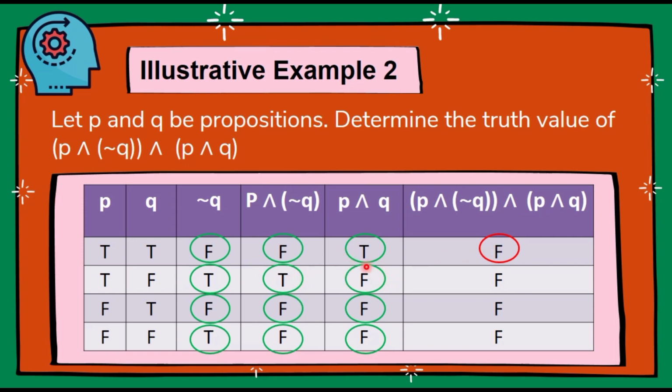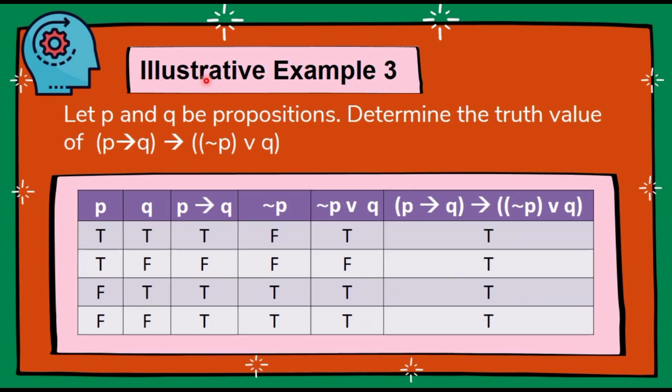It will be false. False, false. It will be false. False, false. It is false. So after that, look at the value of the final proposition, and it clearly states that the entire proposition is a fallacy because all of the values are false. False, false, false, false.